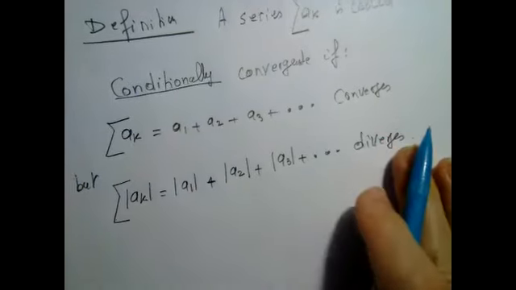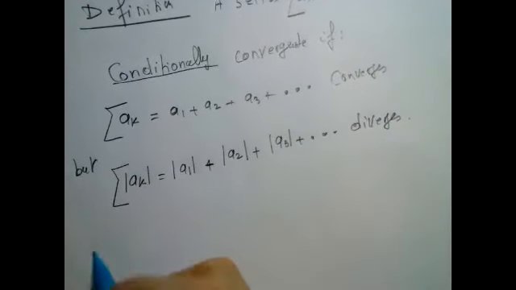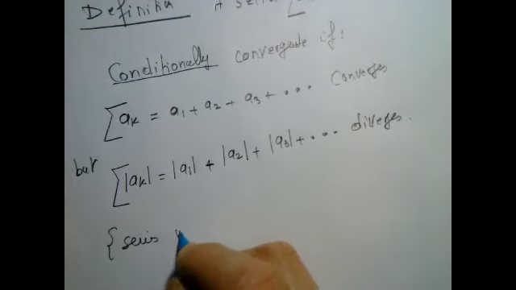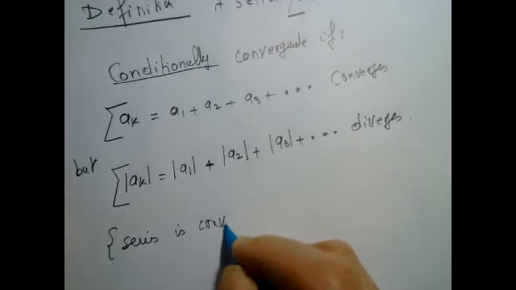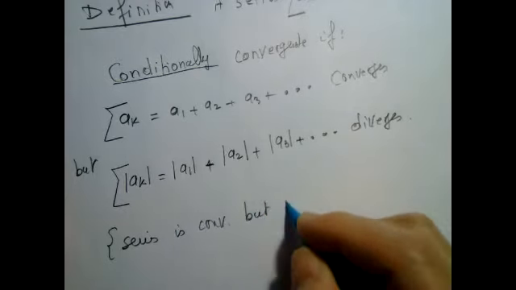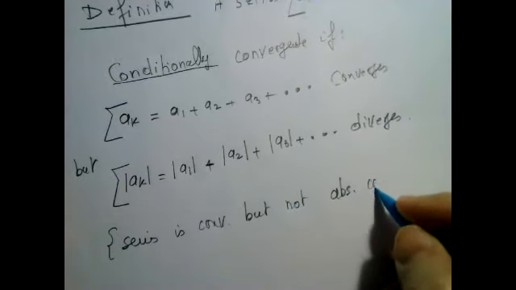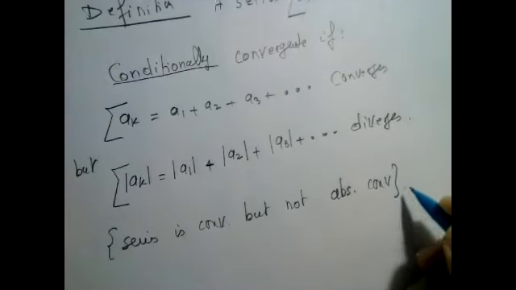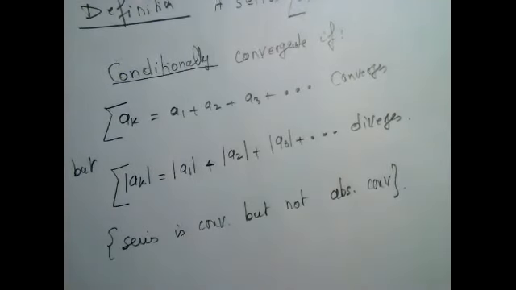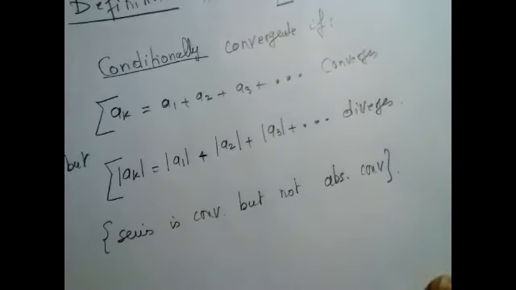It means the series is convergent, but not absolutely convergent. So that's a new word that we've learned today. Let us take examples of this type of behavior.